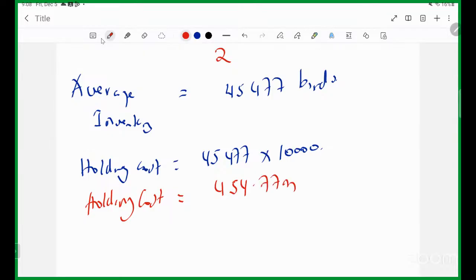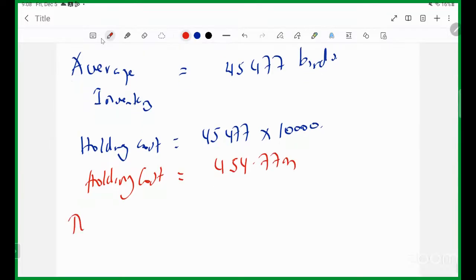4.77 million. Now get the total, both ordering and holding. It is going to be equal to 509.54. So what is this person saving? By the way, the net saving is what they asked. How much is he saving?